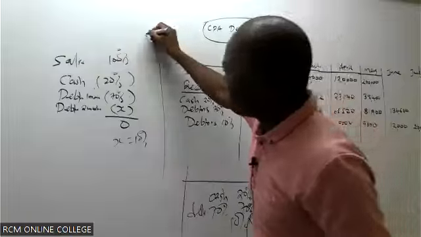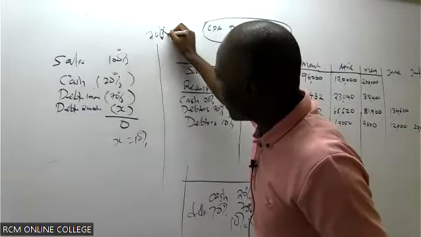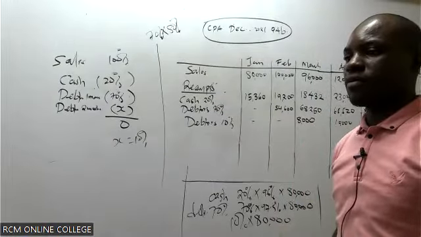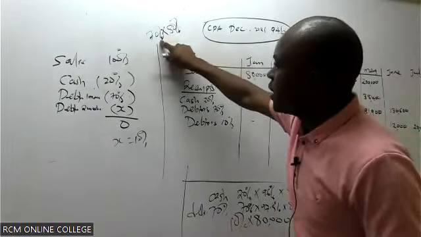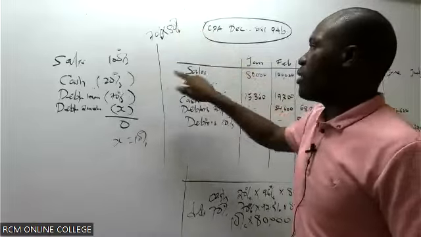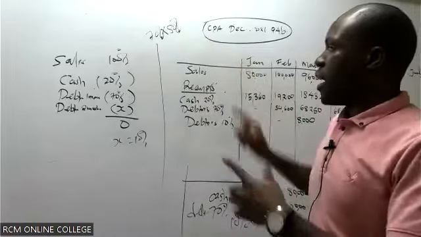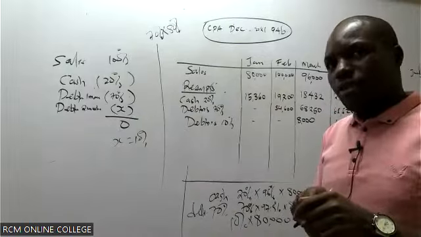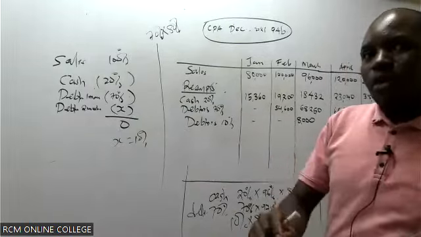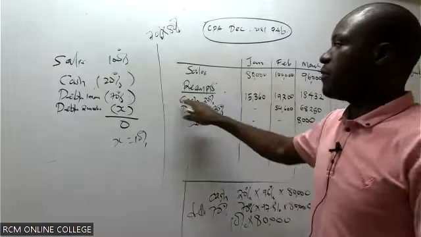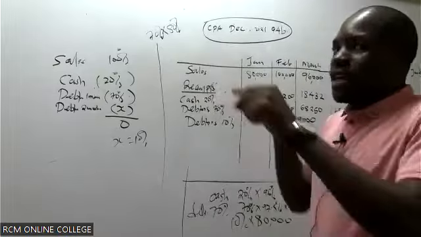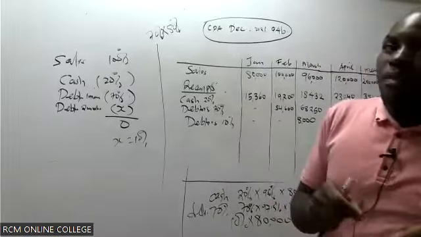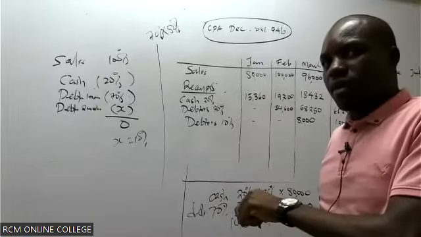Sasa unaambiwa 70% of 80%. You 20% wamelipa cash. 80% hawatakuwa wamelipa cash, ni debtors. Alafu our debtors wenye wamebaki, unaambiwa 70% of them wamelipa after 1 month. 10% of them wamelipa after 2 months. 5% of them hawakulipa.